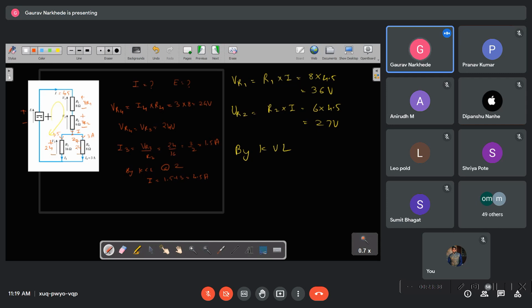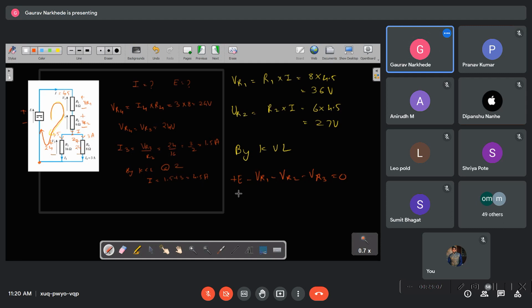And then can you apply Kirchhoff's voltage law in this complete loop? Right? You have to start from here. This is minus to plus, E. After that, plus to minus VR1, then plus to minus VR2, and then plus to minus VR3 is equal to 0. VR4 or VR3, only one of them has to be taken, why? Voltage is the same.